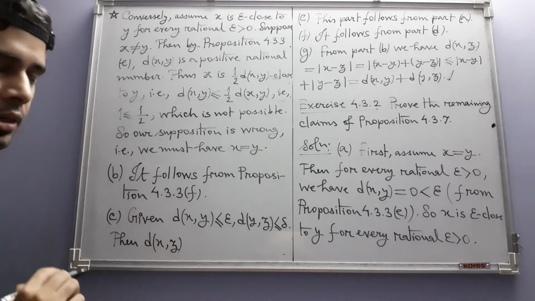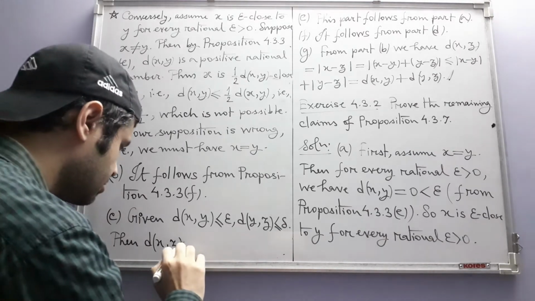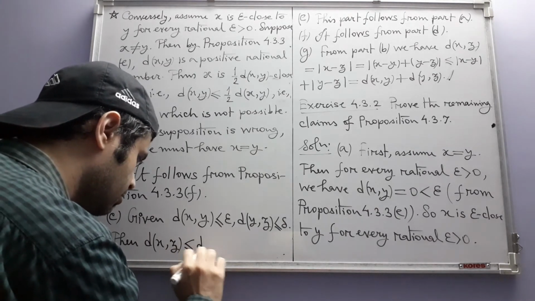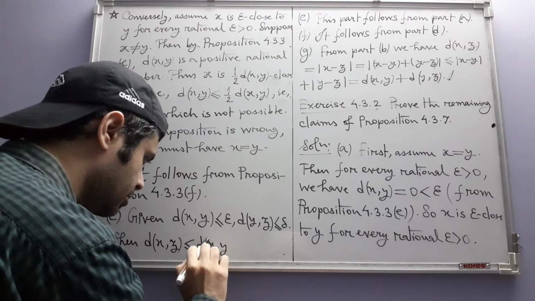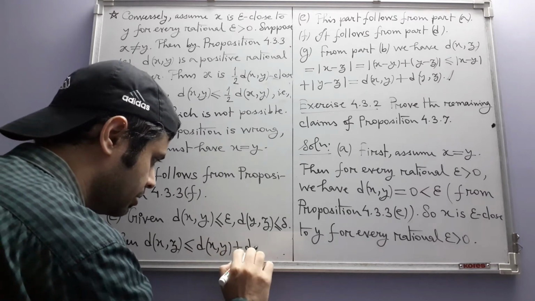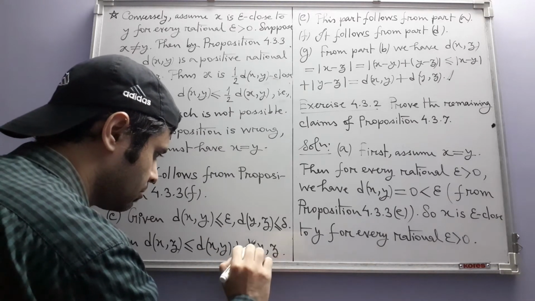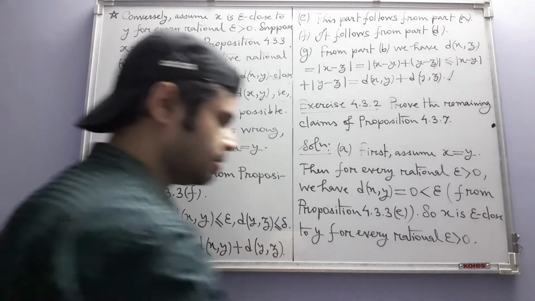Then use triangle inequality for distance. This is less than or equal to d of x comma y plus d of y comma z.